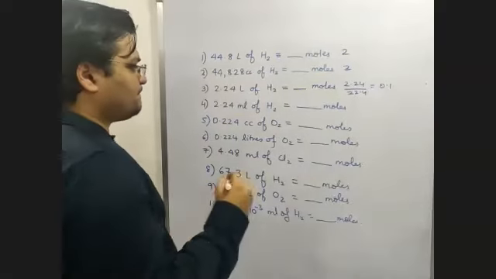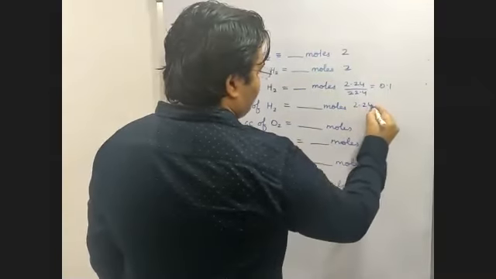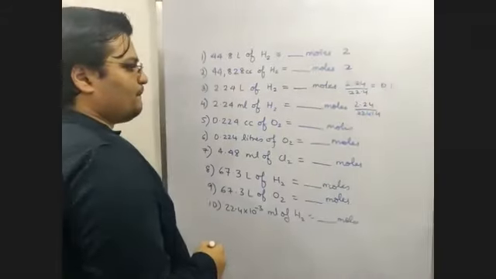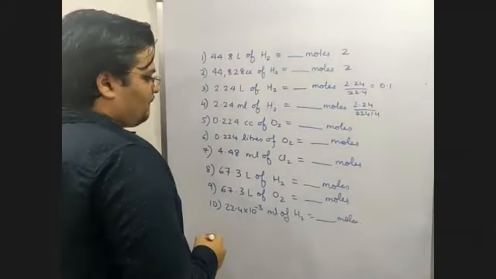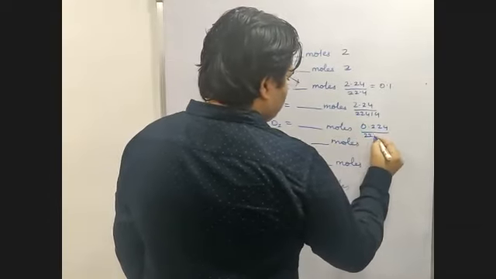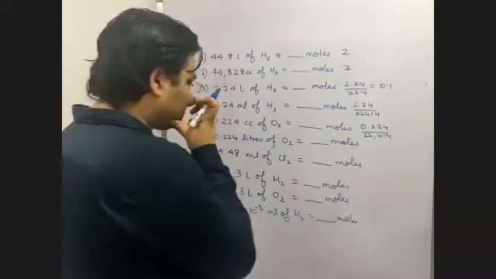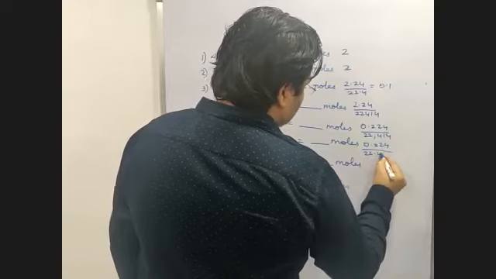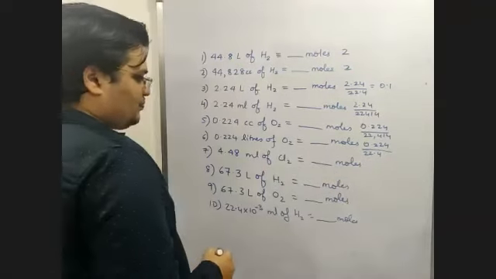The fourth one is 2.24 upon 22,414. Fifth one is 0.224 upon 22,414. Sixth one is 0.224 upon 22.414.